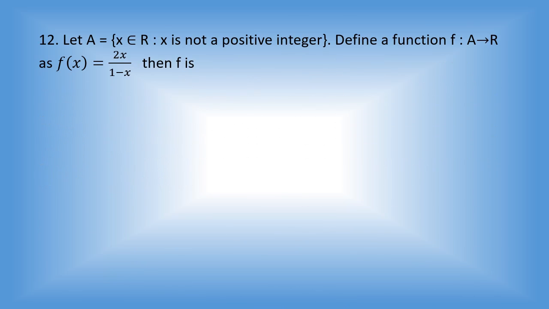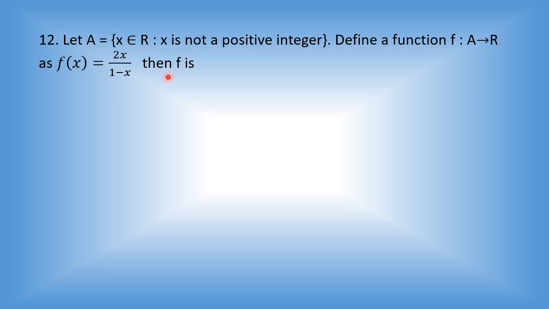The next one is: let A be the set of all x belonging to the real numbers such that x is not a positive integer. Define a function f from A to R as f of x equal to 2x divided by 1 minus x.